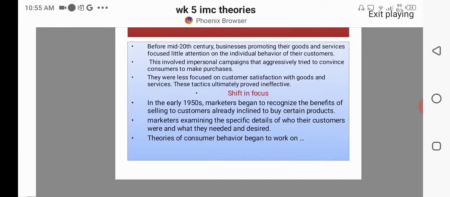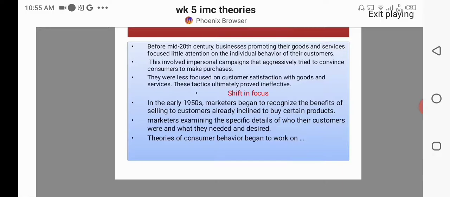Before the 20th century, there was a different type of marketing.